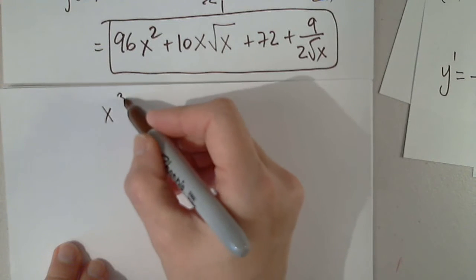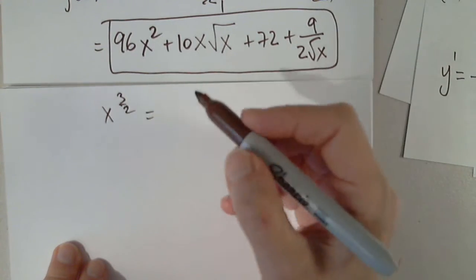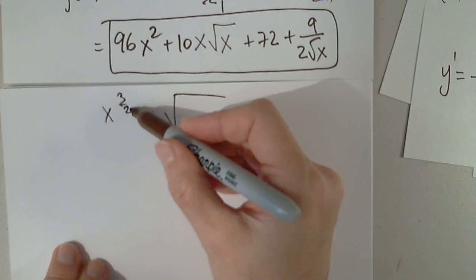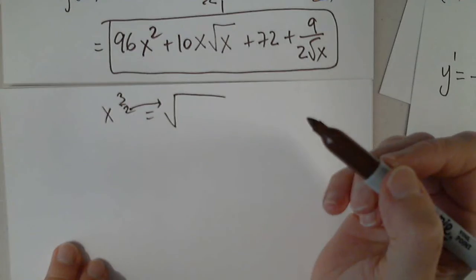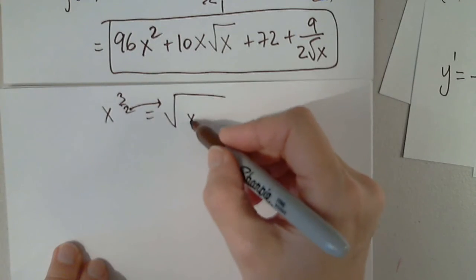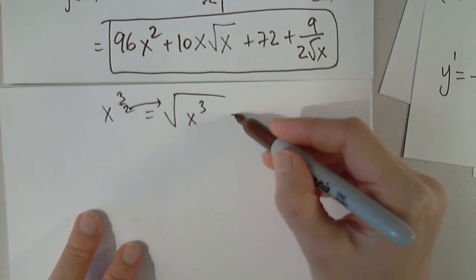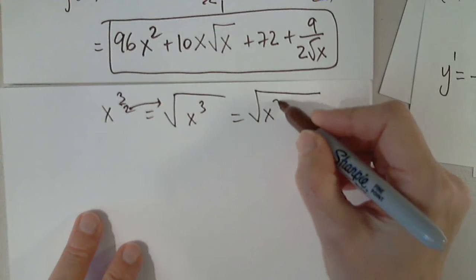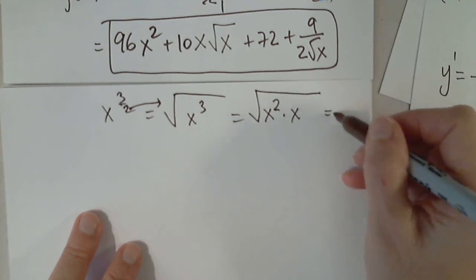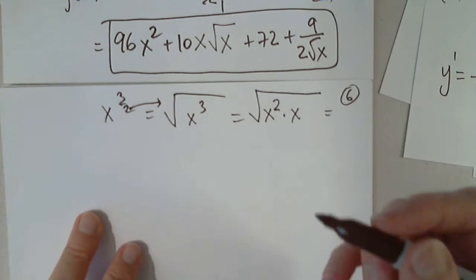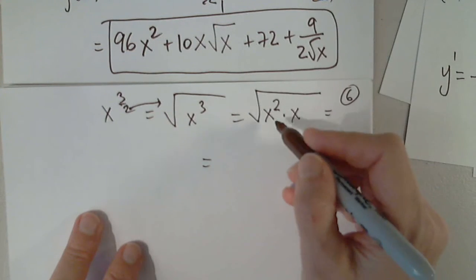So x to 3 over 2, if you remember, the denominator is always the index, and the numerator is always the power. But since the index is smaller than the power, this can be rewritten as x squared times x. Assuming all variables are positive, then I will take the square root from x squared.